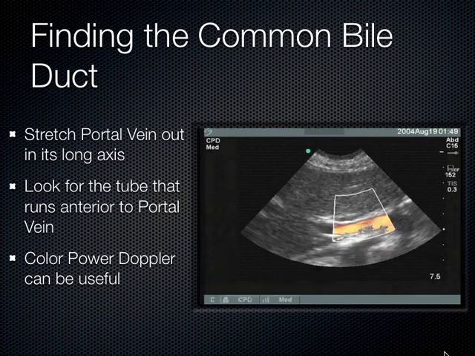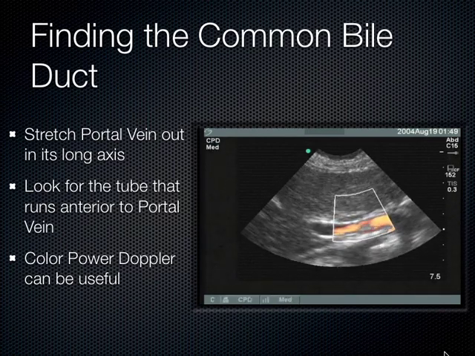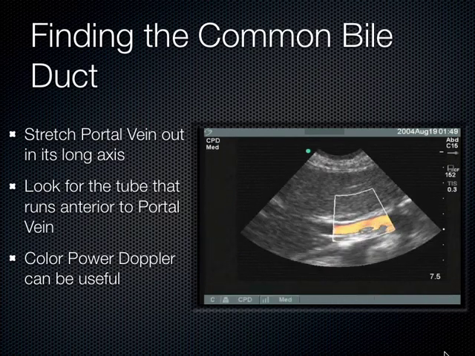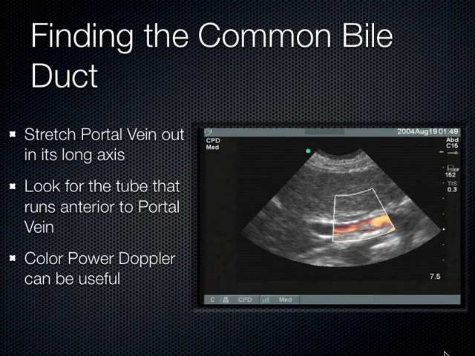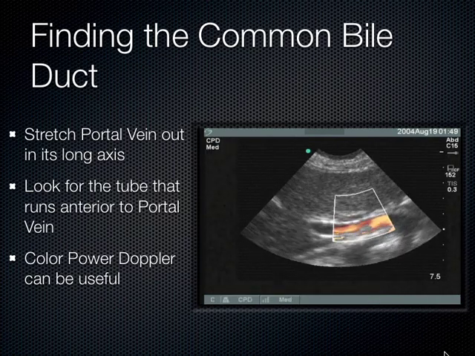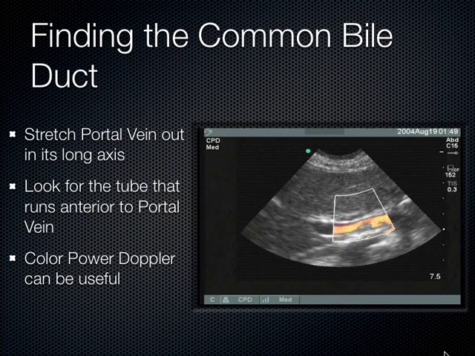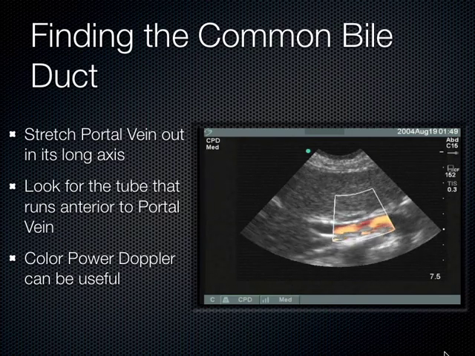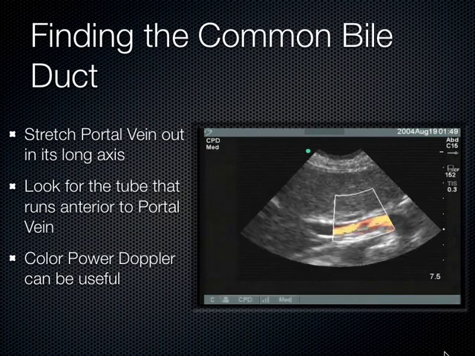That's what it's really designed to pick up, the Doppler shift in frequencies of a moving red blood cell as it comes towards the probe and then away from the probe. And it represents, in this case, as an orange color. Even when the gallbladder is contracting, the bile doesn't get picked up by the Doppler. It's more like little molecules and stuff, and I don't know what you call them, chylomicrons or something, I can't remember anymore.